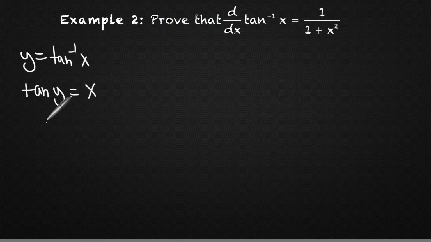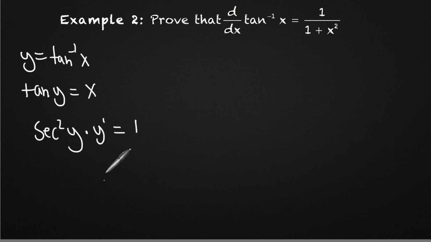And then we're going to use implicit differentiation. So the derivative of tangent is secant squared y, and we're going to leave the y alone. Then we're going to multiply by the derivative of y, which is y prime. And the derivative of x is simply 1. So y prime is equal to 1 over the secant squared of y.